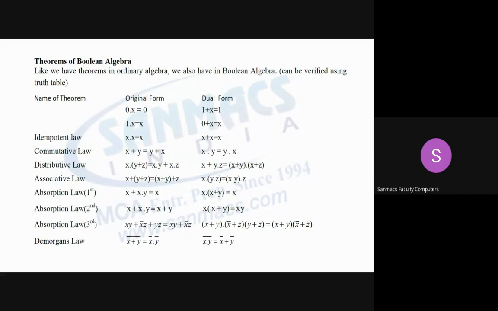And when we have 0 plus X, we're always going to get X. Though there might be some arithmetic significance that might be visible here, it's always going to be the logical significance that we take care of in Boolean algebra.